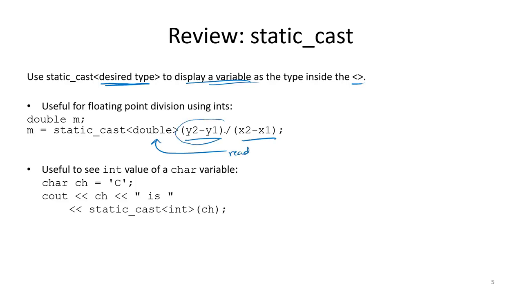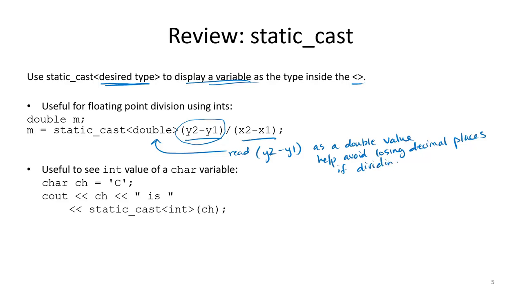In this case, it will read y2 minus y1 as a double value. This will help avoid losing decimal places. If we were to be dividing int values.